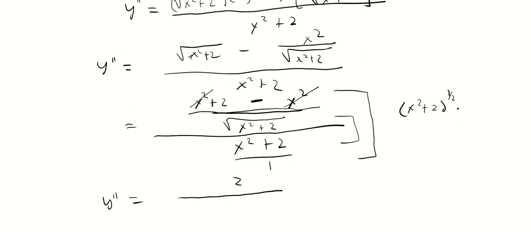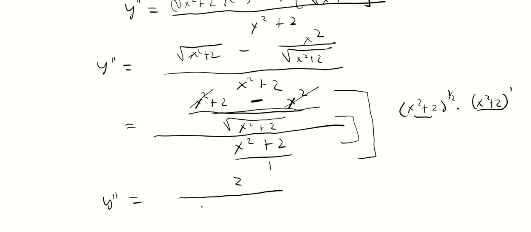If we multiply it with x squared plus 2, what's the exponent of this one? It's just raised to 1. So they have the same base. In algebra, if we multiply the same base term, then you just add the exponent. So here, it will be x squared plus 2 raised to 1 half plus 1. And 1 half plus 1 is just equal to 3 halves.